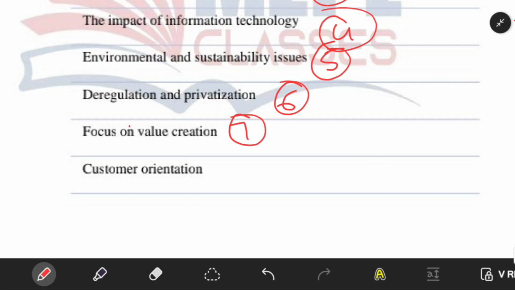So it's not just about how much profit is earned today, it's also about how strong our future is. Last point is customer orientation. Today, customers have many choices. So the management accountant studies customer needs, suggests ways to offer better service at lower cost, and helps to set a competitive price without affecting the profit.